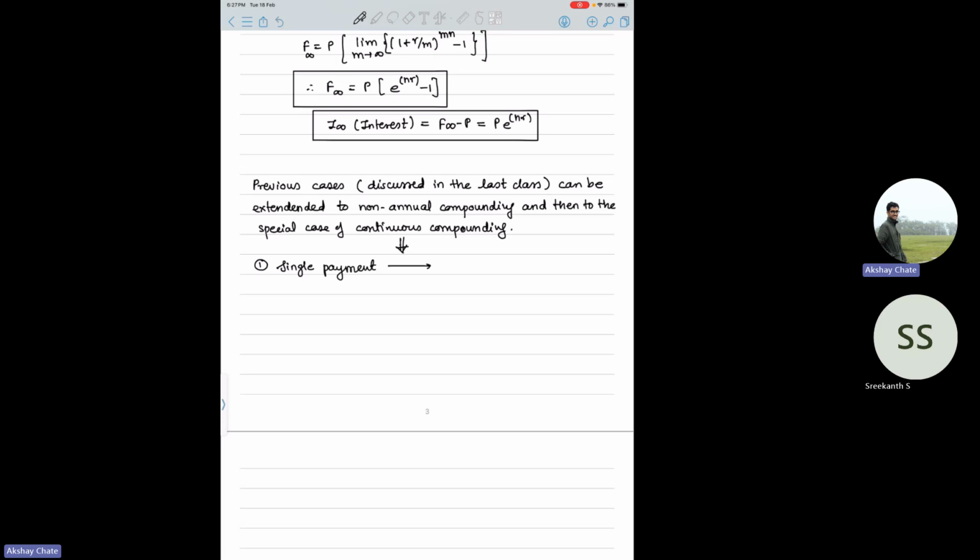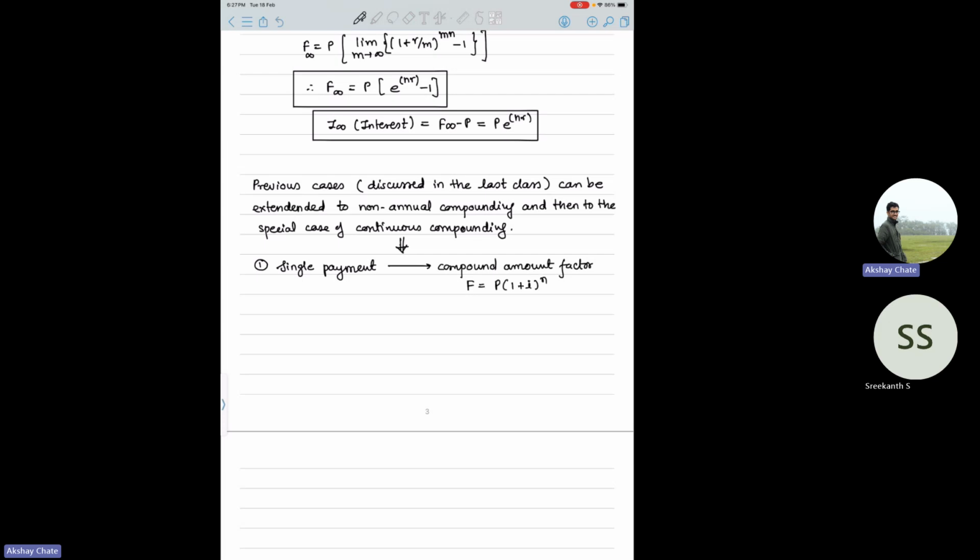One case was the compound amount factor, where we had F equal to P into (1 plus I) power n in the last class.